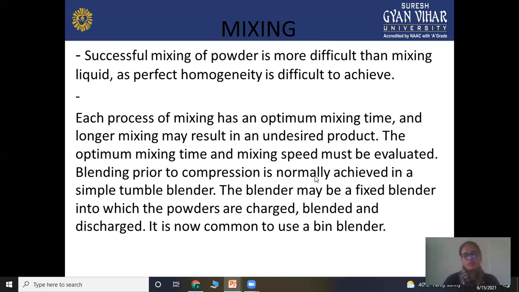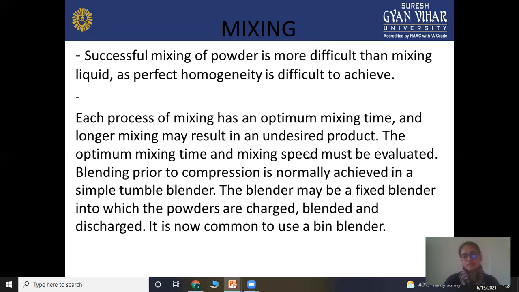Any type of problem can occur when it is not properly or uniformly mixed, or maybe some tablets don't have sufficient diluent and have more disintegrant, or more excipient, while some lack excipient in the tablet.